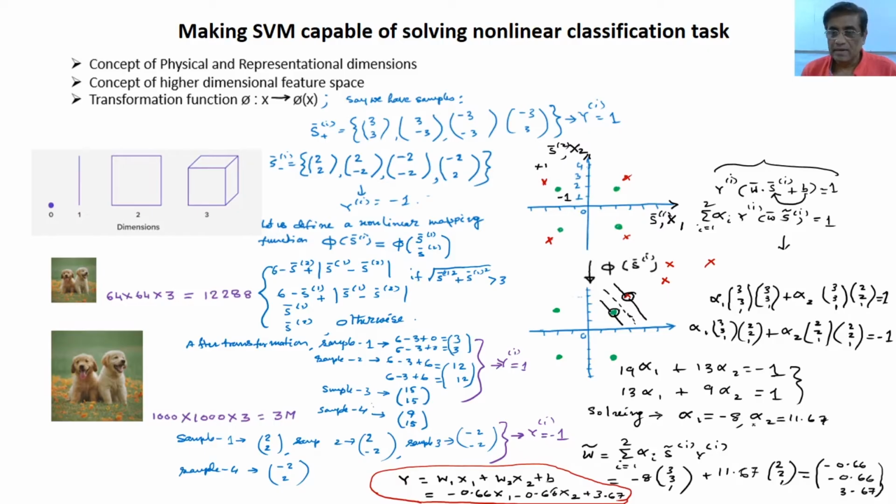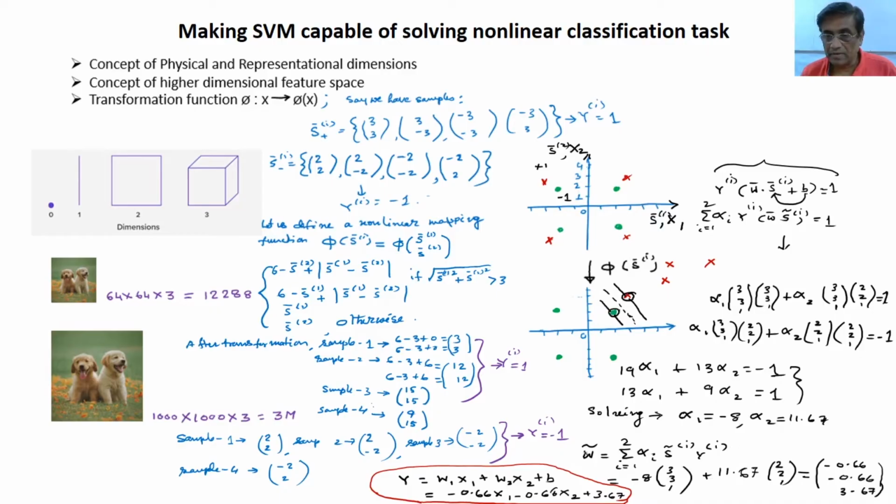Okay. And the moment I have those alpha values, then W curly, because within this the bias is hidden, is the sum of alpha sub i, S curly i, y i. So you are getting simple alpha 1, alpha 2.